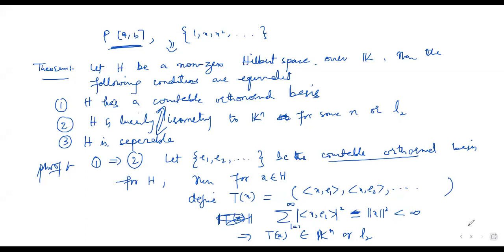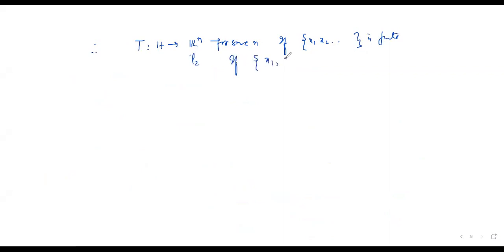So therefore, T defines a map from H to Kn for some n if e1, e2 is finite, or small l2 if e1, e2 so on is countably infinite. तो map तो define हो गया.